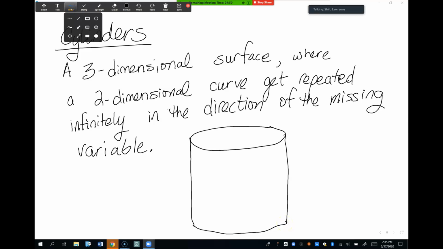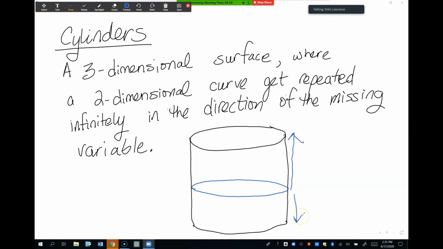The reason it still follows the rules that we're going to talk about is that we have one 2-dimensional shape here. We've got a circle, and that circle gets repeated forever along the z-axis, up and down. That is the general definition for a cylinder. It does not have to be a circle that we use. We can use any 2-dimensional shape we want to create a cylinder.